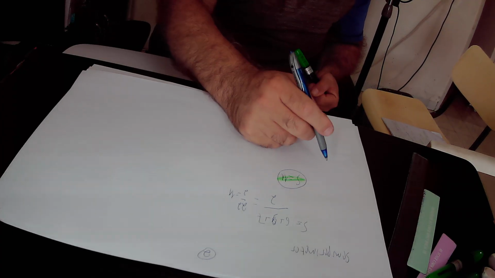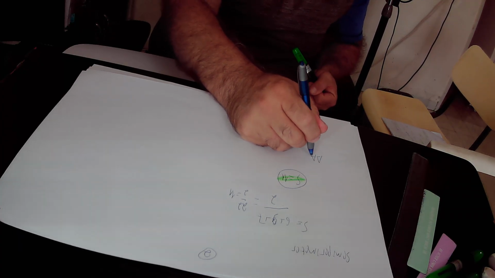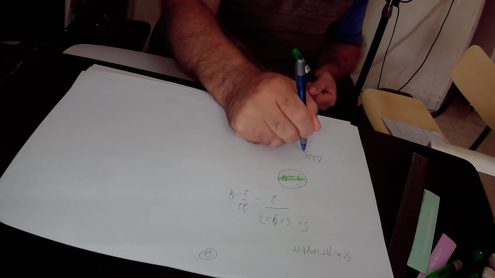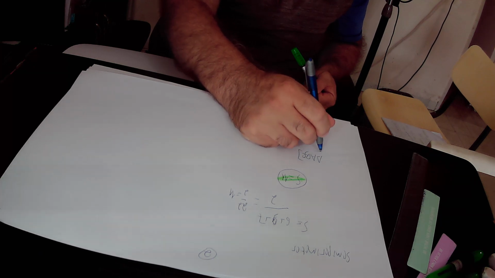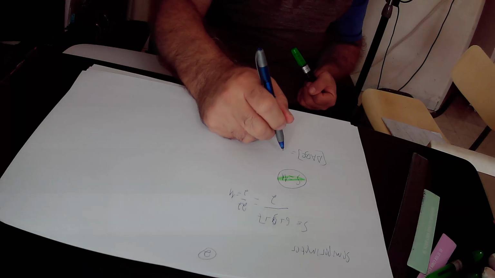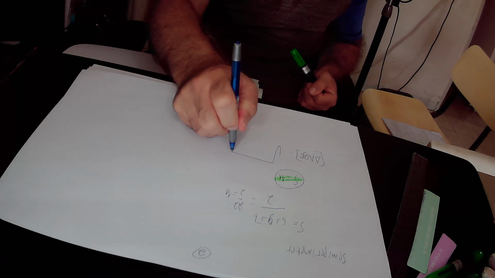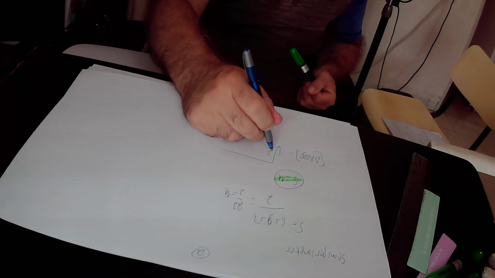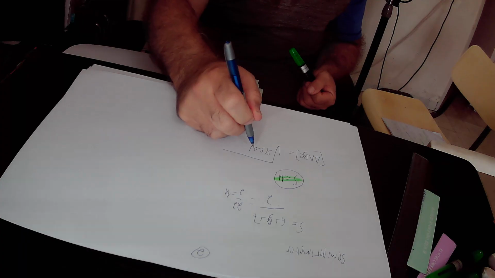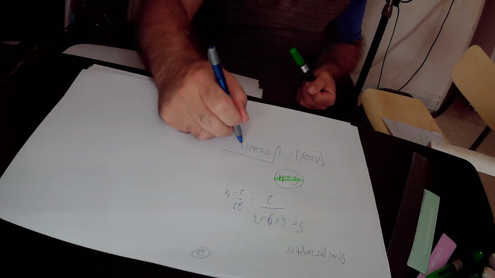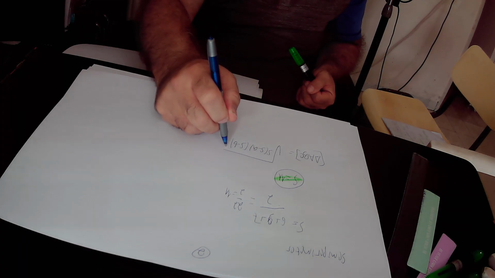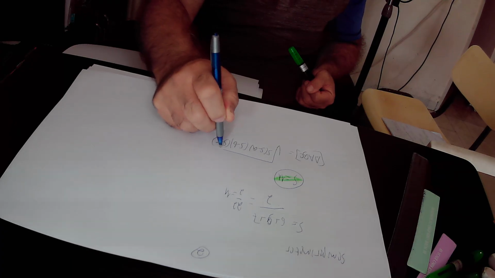The area of triangle ABC is equal to the square root of S times S minus a times S minus b times S minus c.